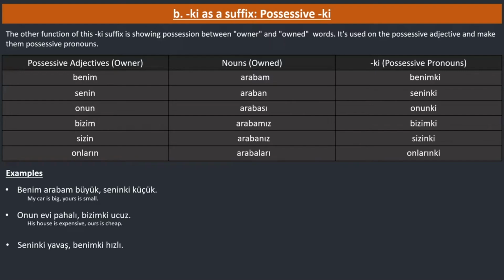You should only say benimki, seninki, onunki if whatever you're talking about has already been mentioned in the context. Like if someone directly as the first thing shows up and says benimki hızlı, I will be like what is that? What is yours? What do you mean? What are you referring to?